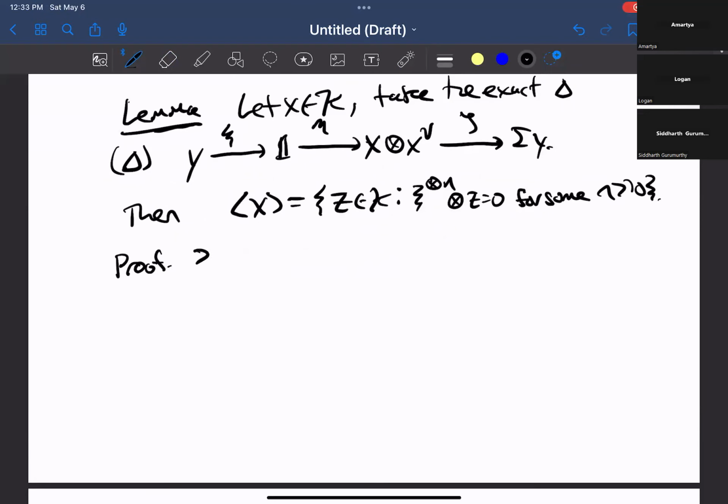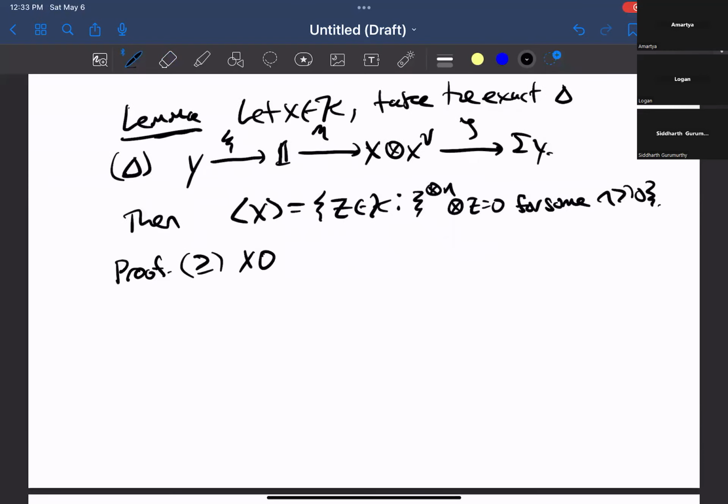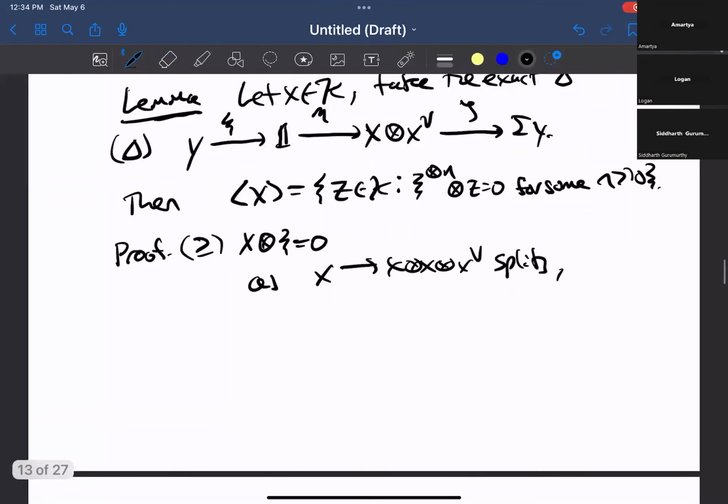Okay, for containment, note that X tensor Z is equal to 0, since X to X tensor X dual splits, and tensoring with X is exact. And then in particular, this means that X is an element of the right-hand side.